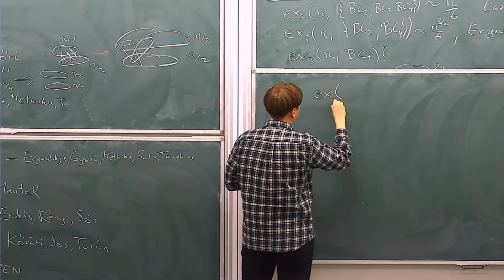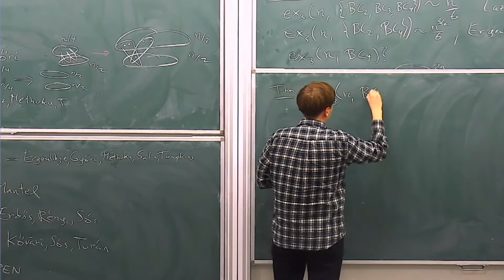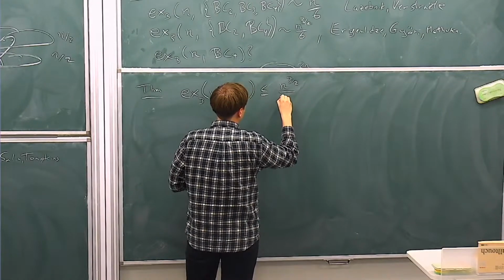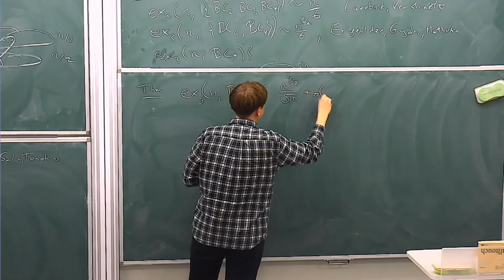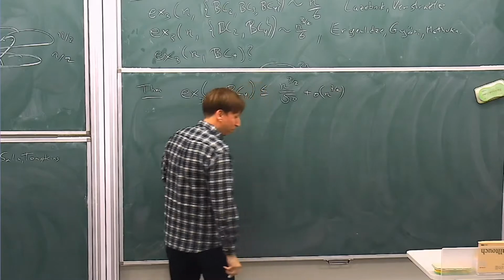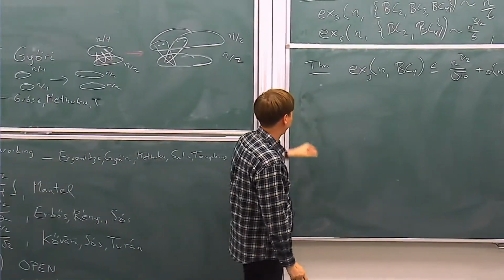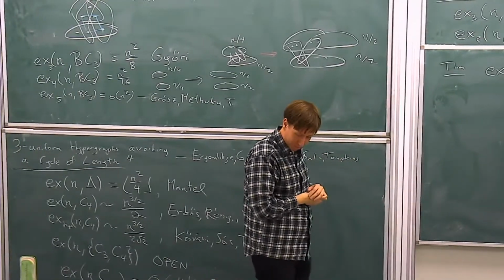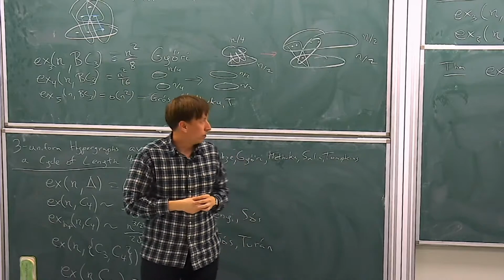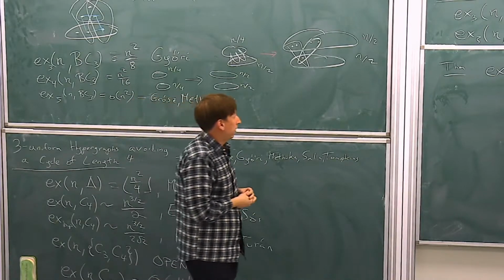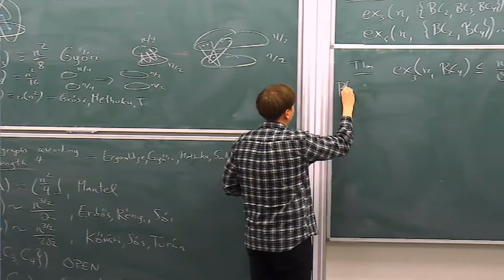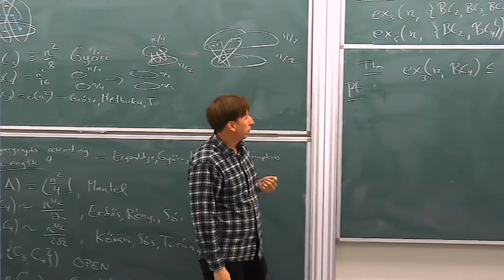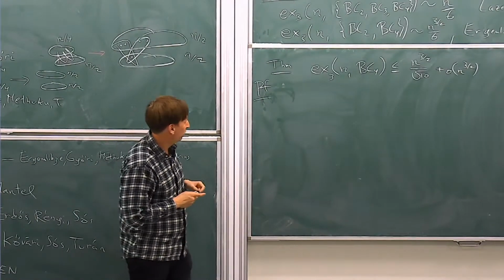So what I'm going to talk about is the upper bound on Berge C4 of the form n to the 3/2 over square root of 10 plus a smaller order term. I don't know if we'll get through the whole proof, but I'll try to get through what I can. So first, let me talk about some definitions which will be useful for us.